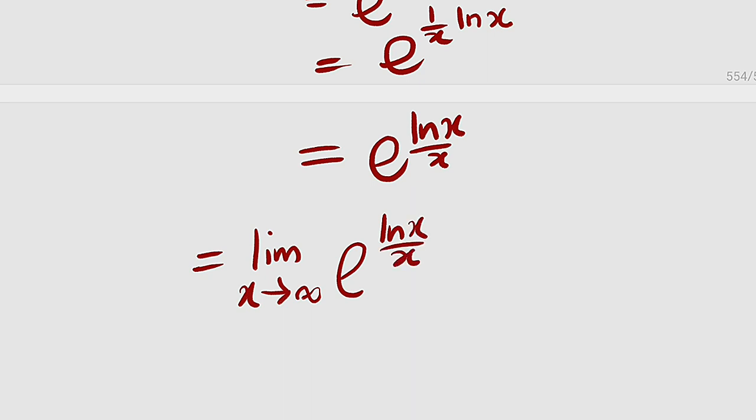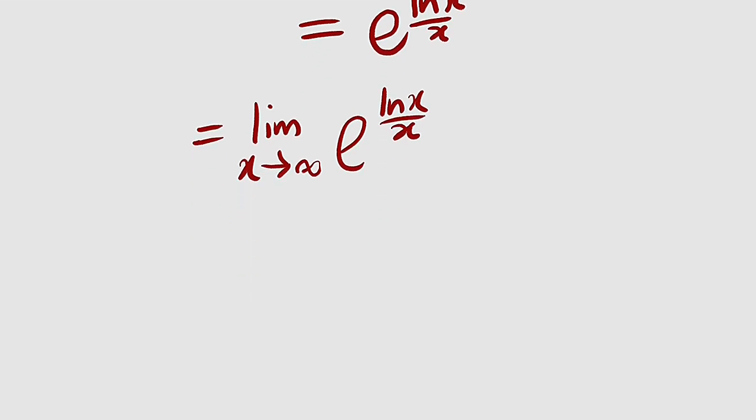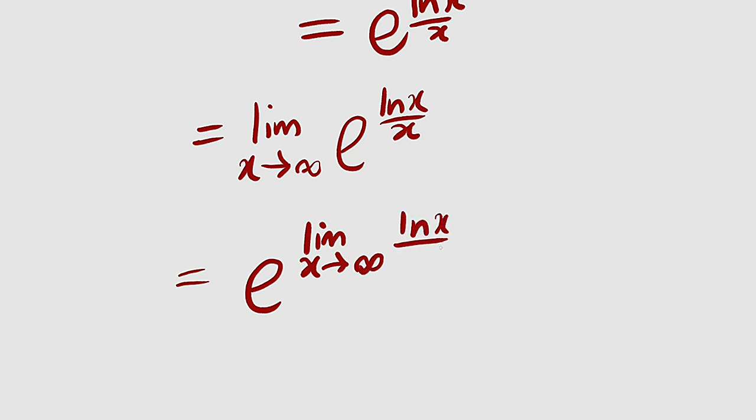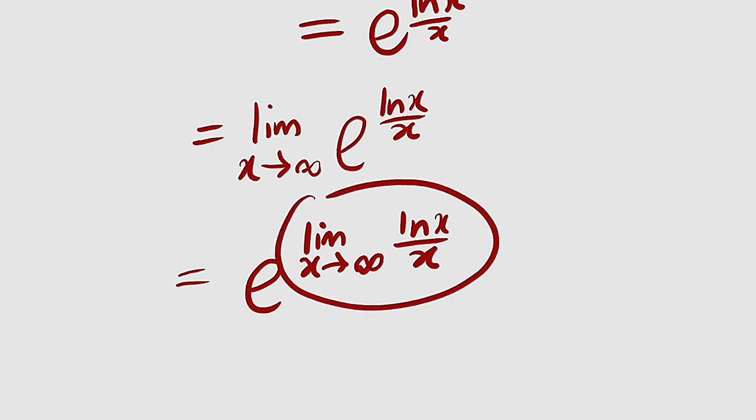And since e is a constant, remember, we can take it out. So this is the same thing as e to the limit as x approaches infinity of what? Natural log of x divided by x. So this is what we need to evaluate first before we raise it onto e.